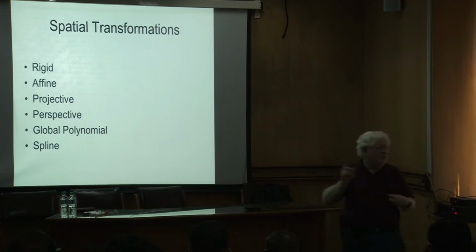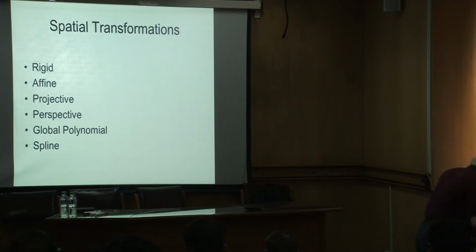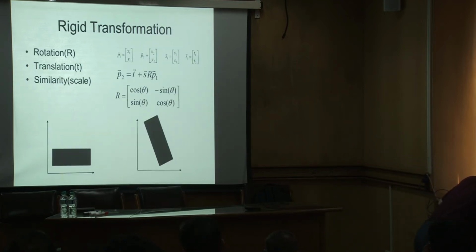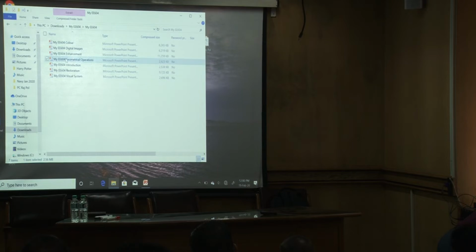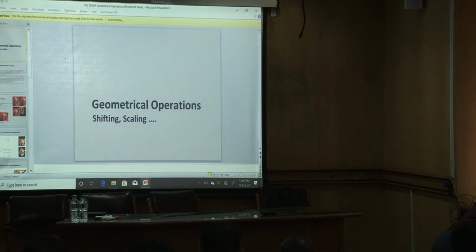And to just give you an example of what each of these things mean, I would probably like to go to another set of slides which I had made for my course. Just give me a moment. Geometrical operations. Okay.